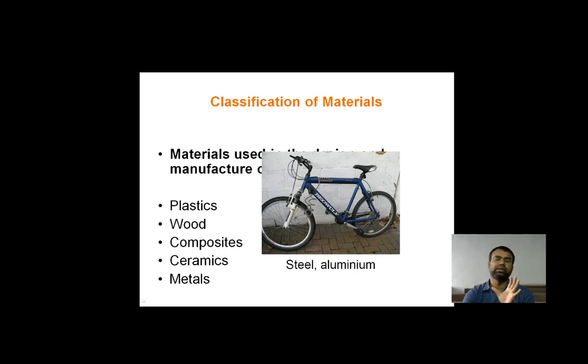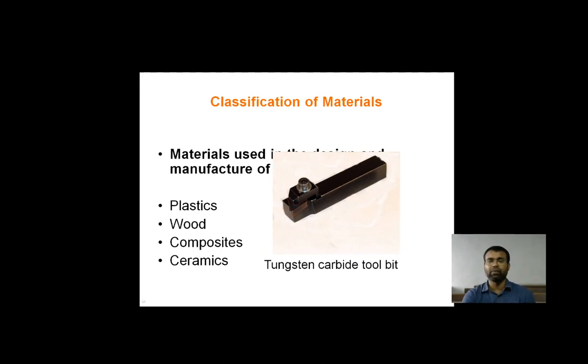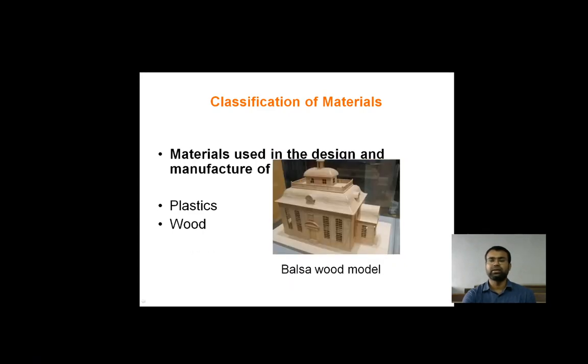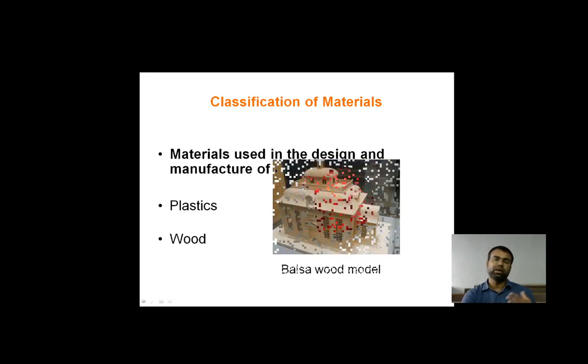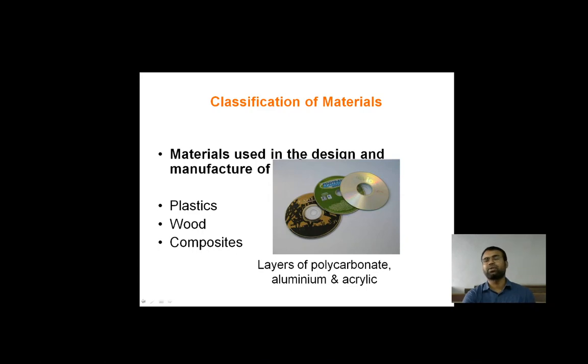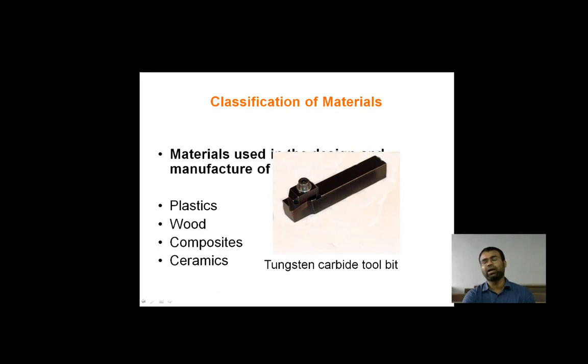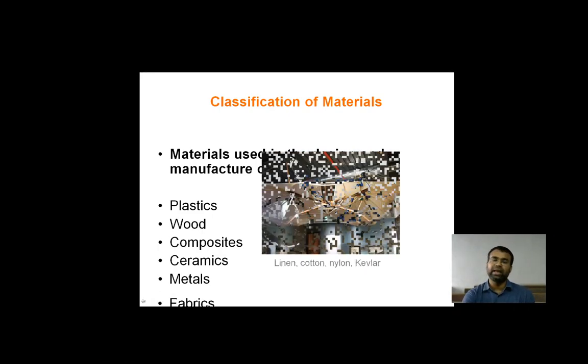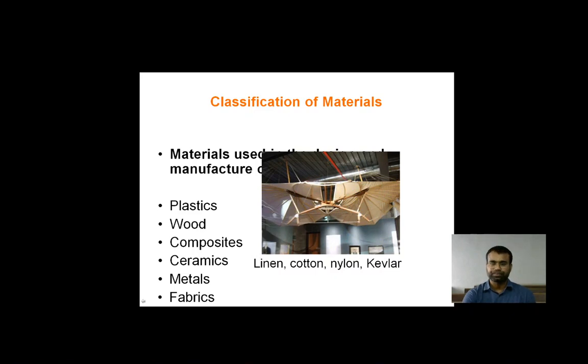You can see in this binder the two materials we are utilizing, the aluminum and the steel. And here is the advanced material, the tungsten carbide tool, and this is the composite material, this is the wood, this is the plastic. So these are the various types of materials, and they are utilized to create products which are useful for our daily life and for our work.